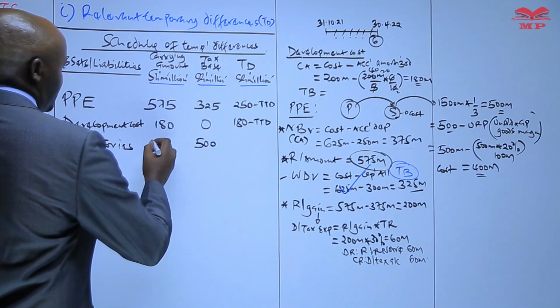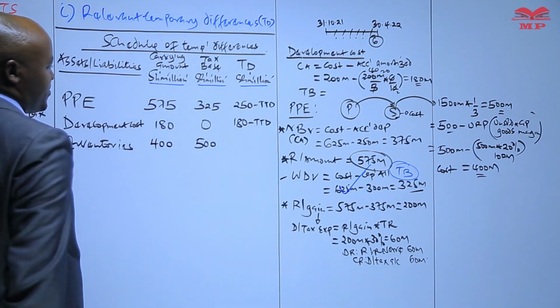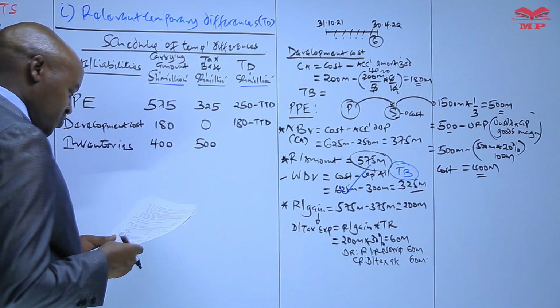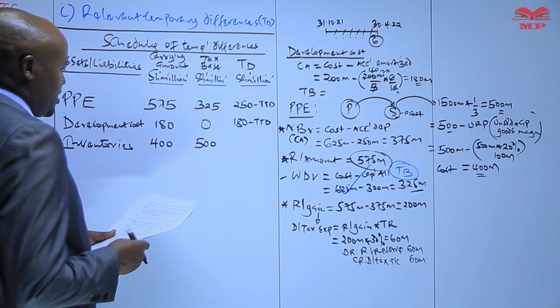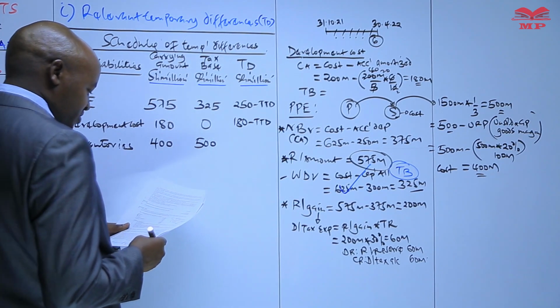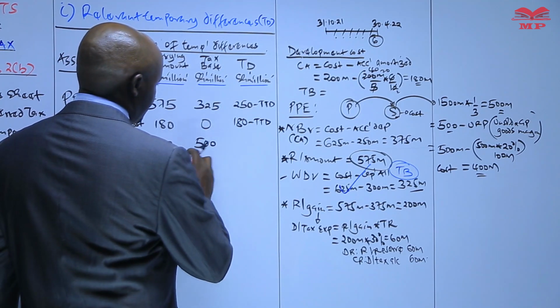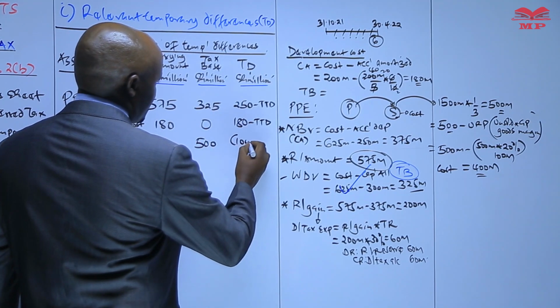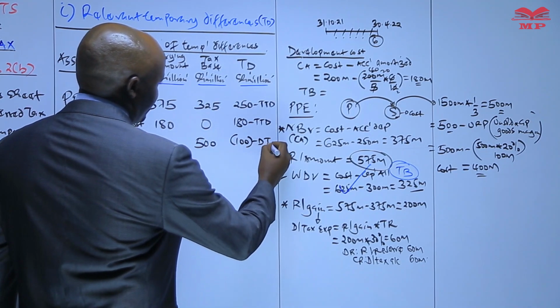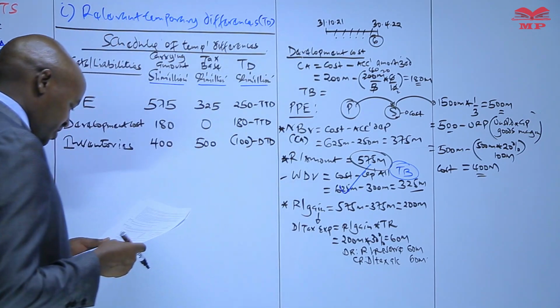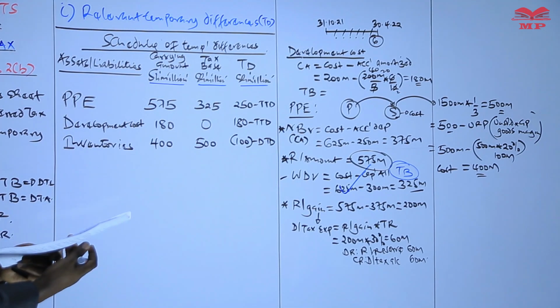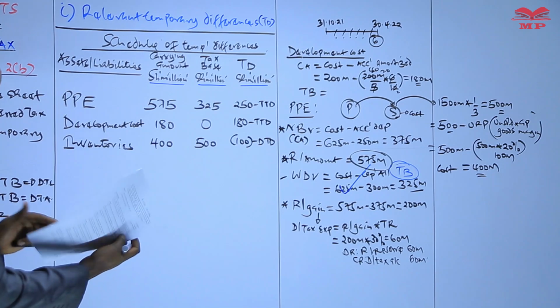But in the statement of financial position, this inventory will be stated at the cost, which is 400 million. We get the difference, this minus this, which will give us 100 million. And because it's a negative, that is a deductible temporary difference. So we are through with point number 3.